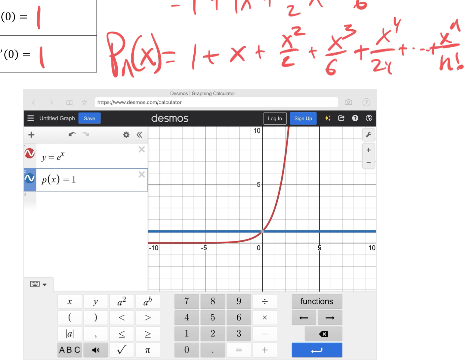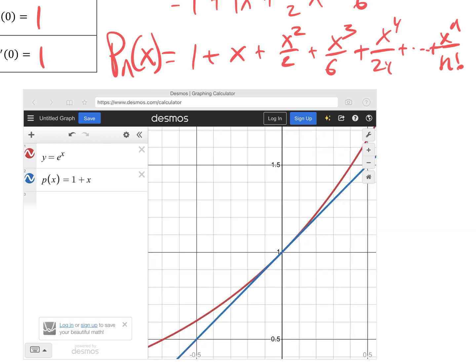All right, well, let's start adding some terms here. So we have 1 plus x. Okay, so that matches a little bit better. If we zoom in here, we can see it's a little better fit.